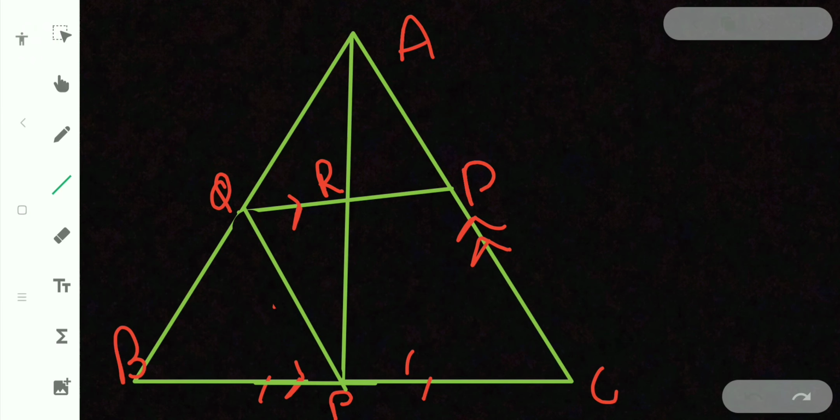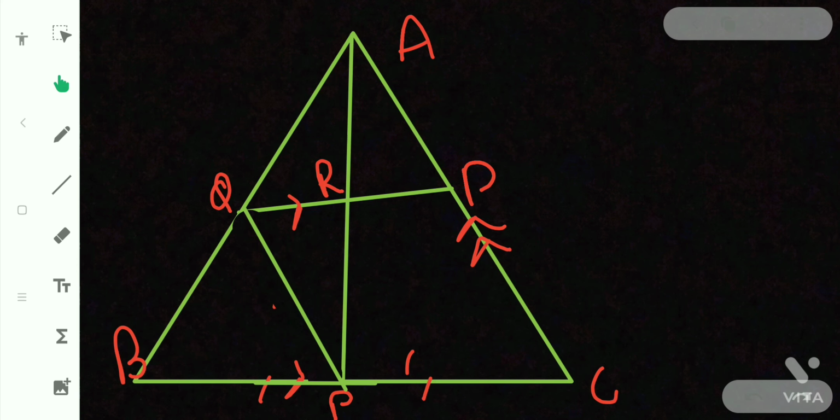Now, by converse of midpoint theorem, as this is parallel and this is the midpoint joining here, this is the median, so this will definitely cut this one into two equal parts. So by converse of midpoint theorem, AR will be equal to RP.